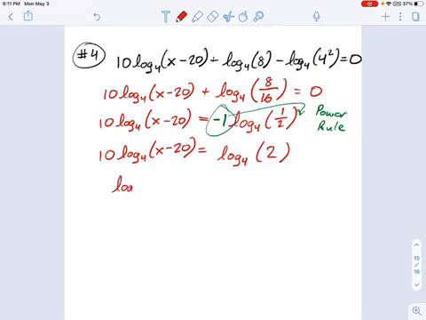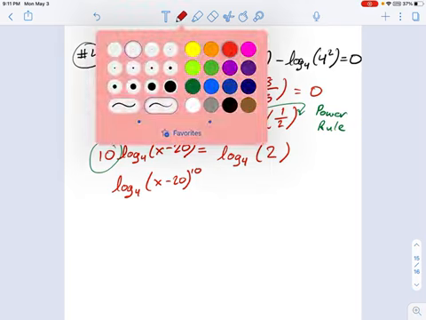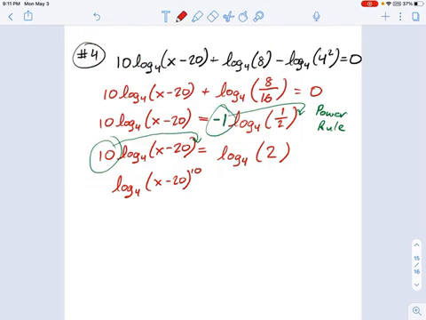And we're almost ready for logarithmic equality. This one took a little bit of work to get there. The one on the left can be rewritten as log base 4 of (x minus 20) to the 10th power by the same power rule. I'm just taking this coefficient of 10 and putting it in that exponent. So on the left, I have log base 4 of (x minus 20) to the 10. On the right, I've got log base 4 of 2.